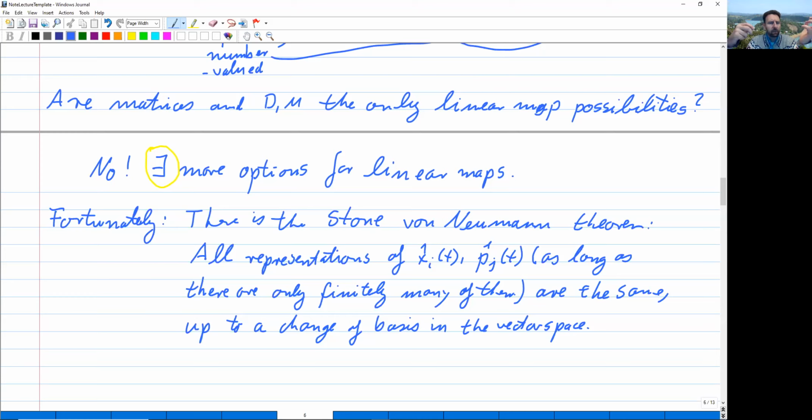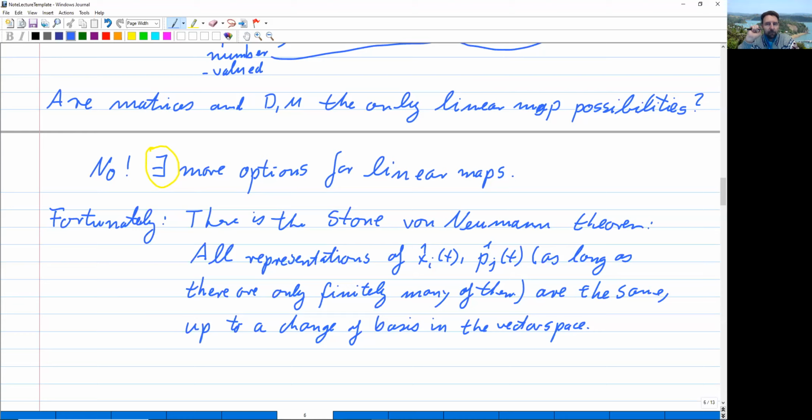Isn't it the case that when you go from a basis of column vectors to another basis, you end up with another basis of column vectors? How can you suddenly have a basis of continuous, differentiable functions? This is a non-trivial matter that we will cover in some detail later on.